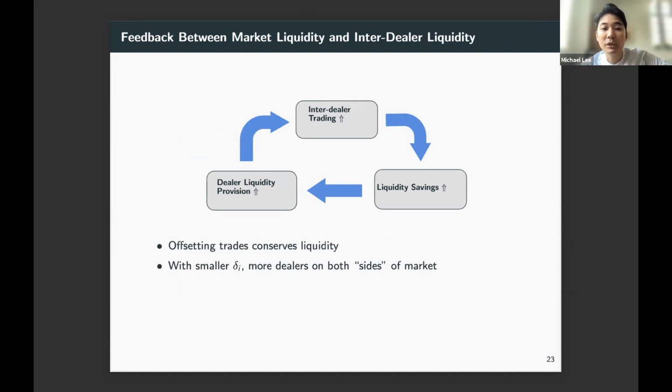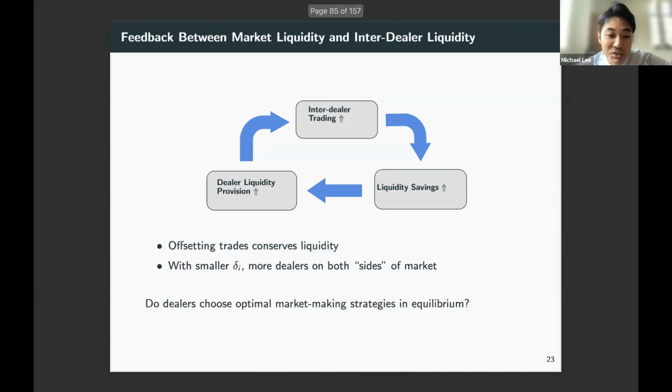When dealer liquidity provision rises, when they choose a smaller delta, that means that there are more dealers on both sides of the market. And with more dealers, there's more opportunity to have these offsetting trades between dealers. This allows dealers to save liquidity by lowering their net position, and this improves the benefits of liquidity provision in the market making stage as well. And so as a result, there's this positive feedback between market liquidity and interdealer liquidity.